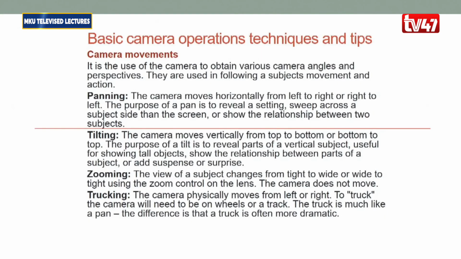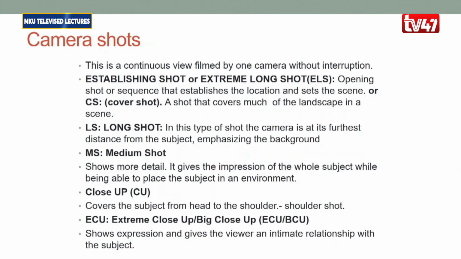So it is not you as the camera person moving the camera from this side to that side, but it is on a track which moves around, so that you're following the subject from one side to the other. Those are the basic camera movements that you can take advantage of in your productions.